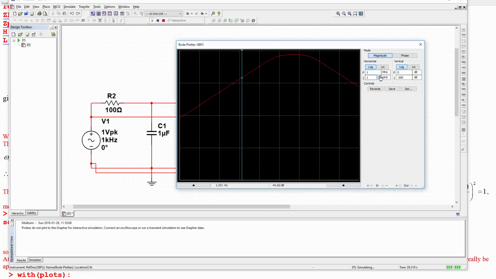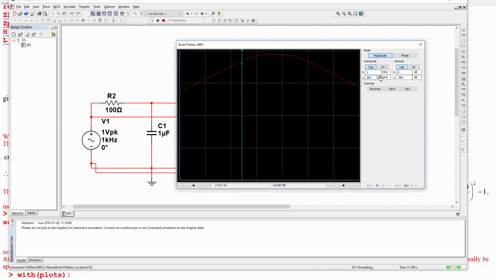You can change your ranges here. You can also change the vertical range over here, so we can raise the minimum range and get a nice picture of the Bode Plot. Where the 3 dB points are, we would see here we're at minus 6 dB at the top. And we could, again, narrow this in to look for where that resonance is, or you could look on the phase plot.